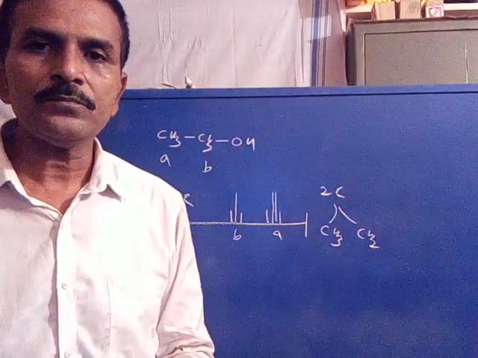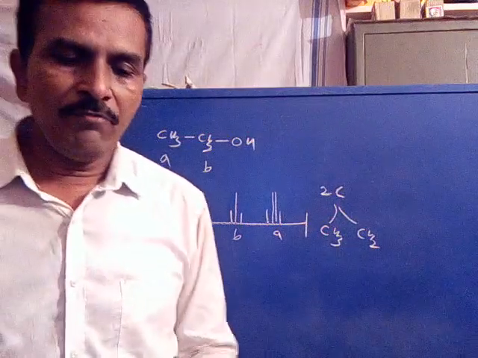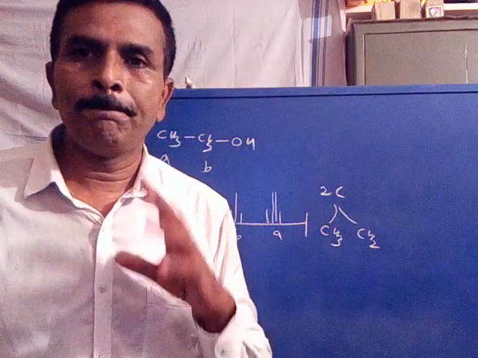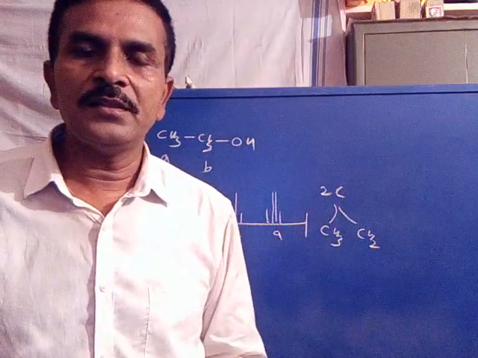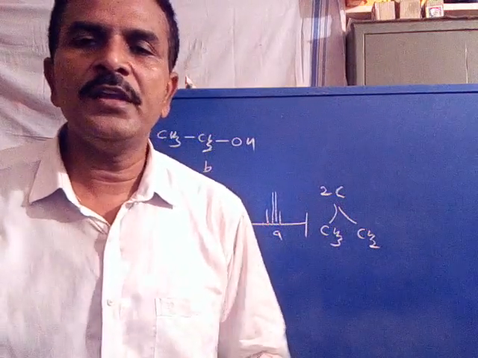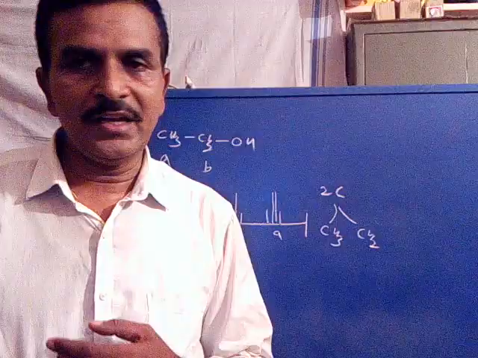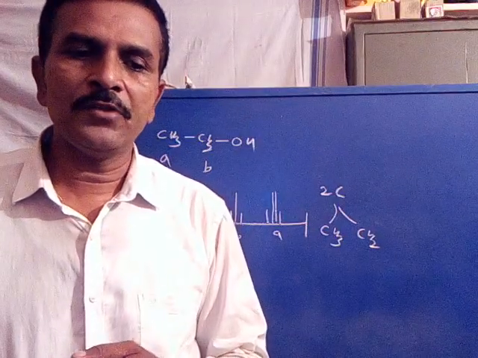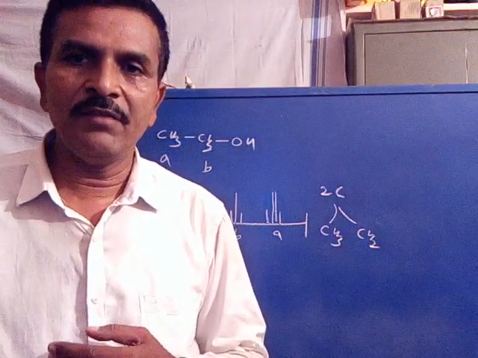Is it clear? So in this way we are able to identify the number of CH3, CH2 etc. carbons based on the multiplicity of each and every signal in the C13 NMR spectrum. So this is about second information.